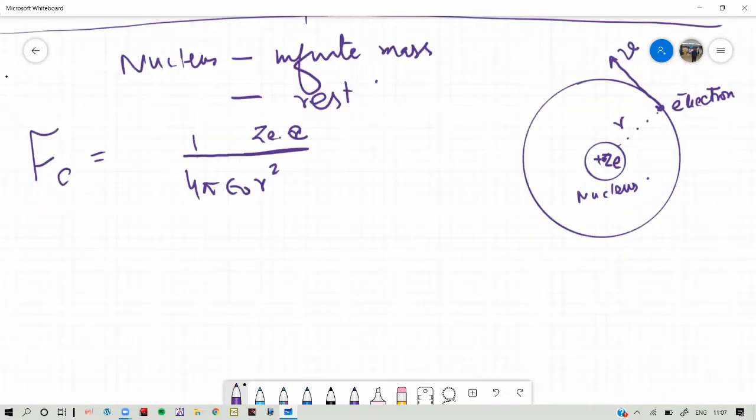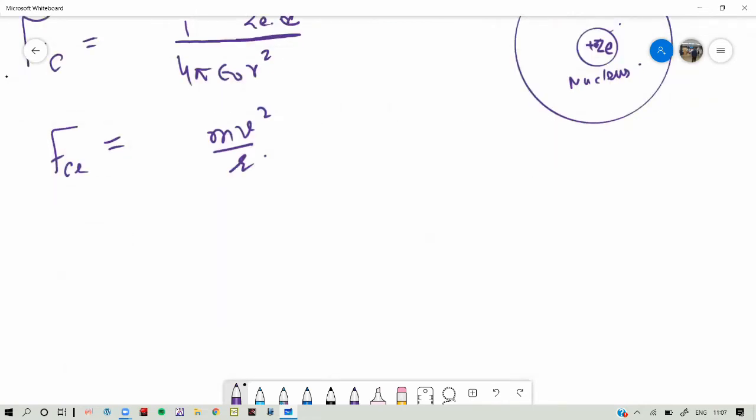We also have the centripetal force because of the rotation along a circular path about a fixed center. So the centripetal force is mv square by r. This is all you have done in basic classes. For a stable orbit, these two forces will be equal.